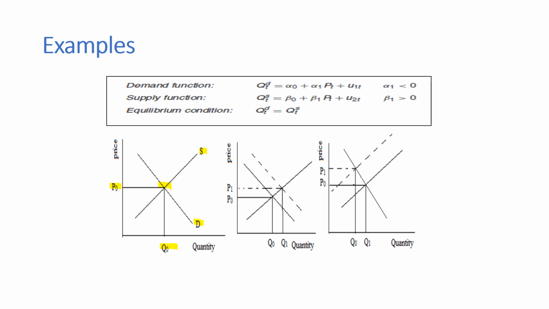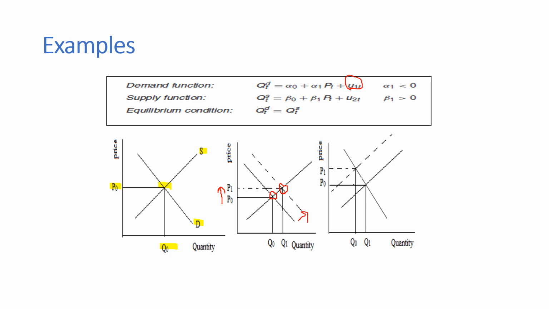So again, let us assume that the demand has shifted to a new one due to other factors, or due to the error, u1. So the demand has shifted. And due to this shift in the demand, the equilibrium point changed from this one to a new equilibrium point, specifying a new price from P0 to P1.